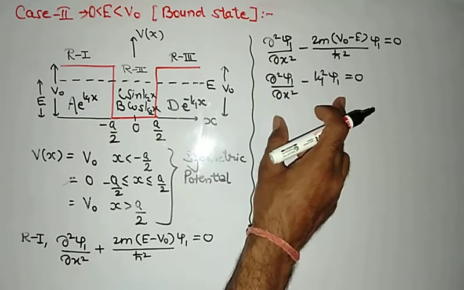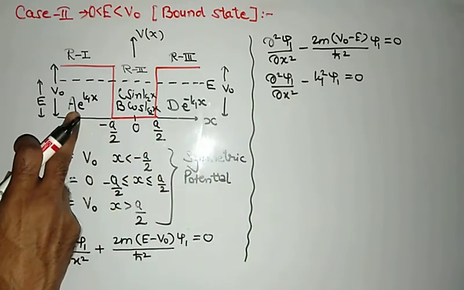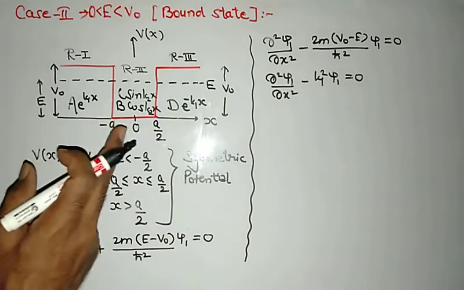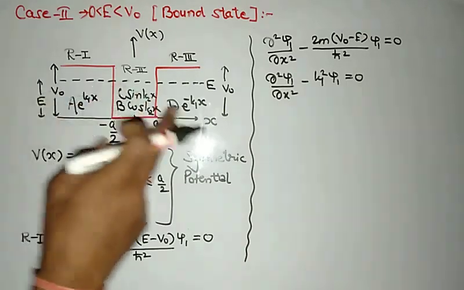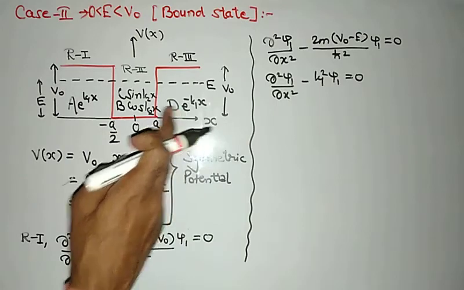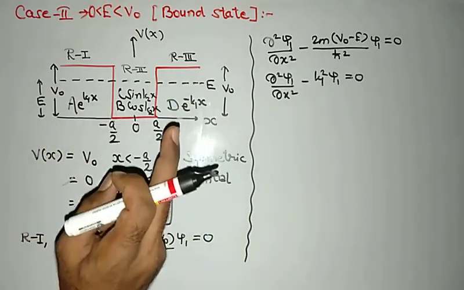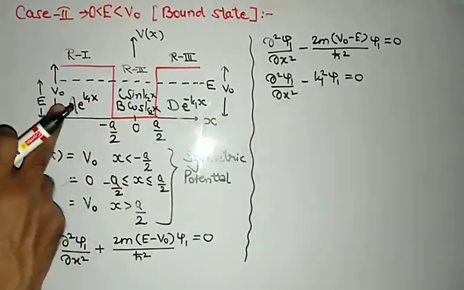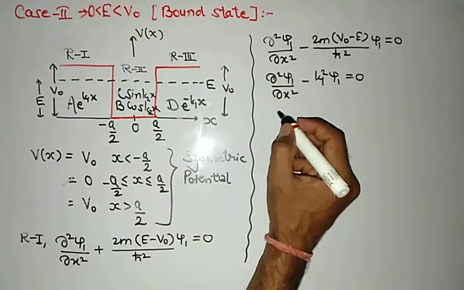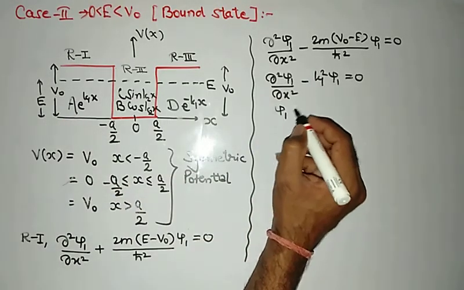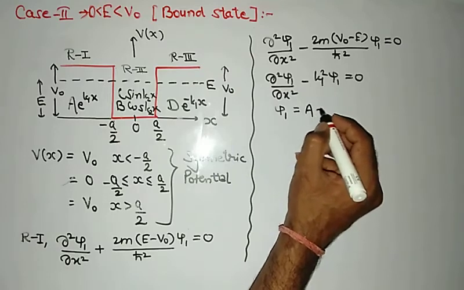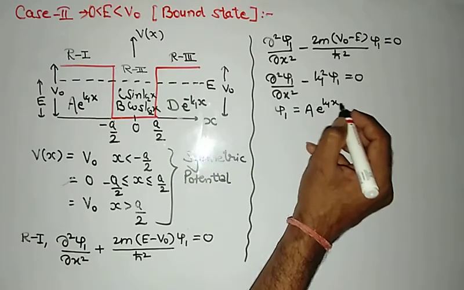The solution of this will be as follows: if you take antisymmetric, then this and this, and for symmetric, this and this and this. So for this, psi 1 is equal to a e to the power k1x.